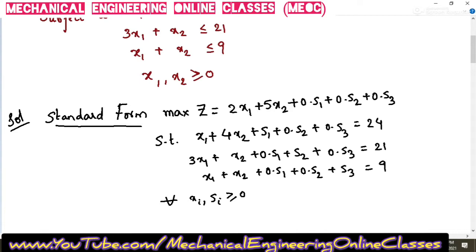So every variable that we are introducing should also follow the non-negativity restriction, means all of them must have a minimum of 0 value, they cannot be negative. And every expression including Z should be expressed in terms of all the variables. That is a standard form.